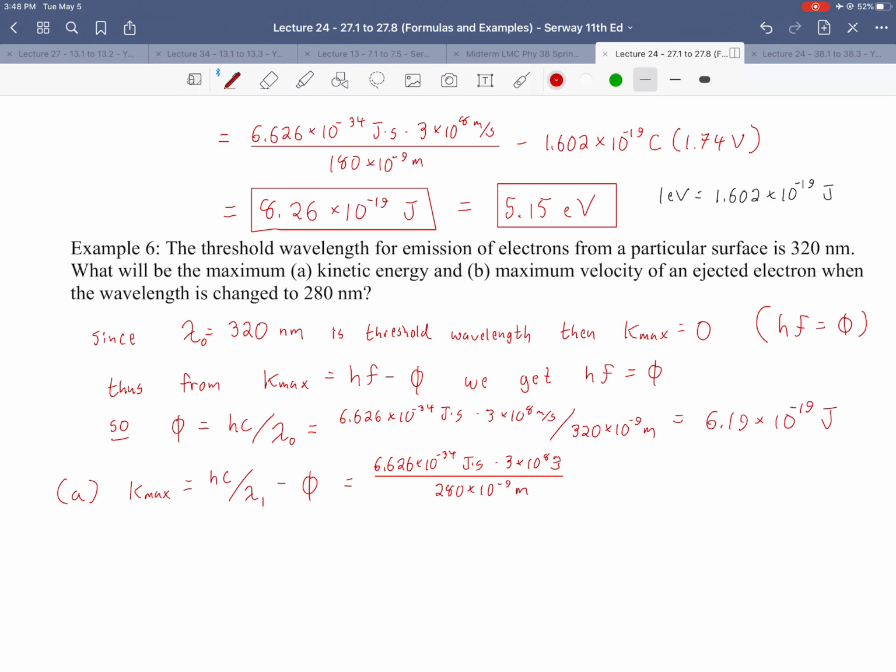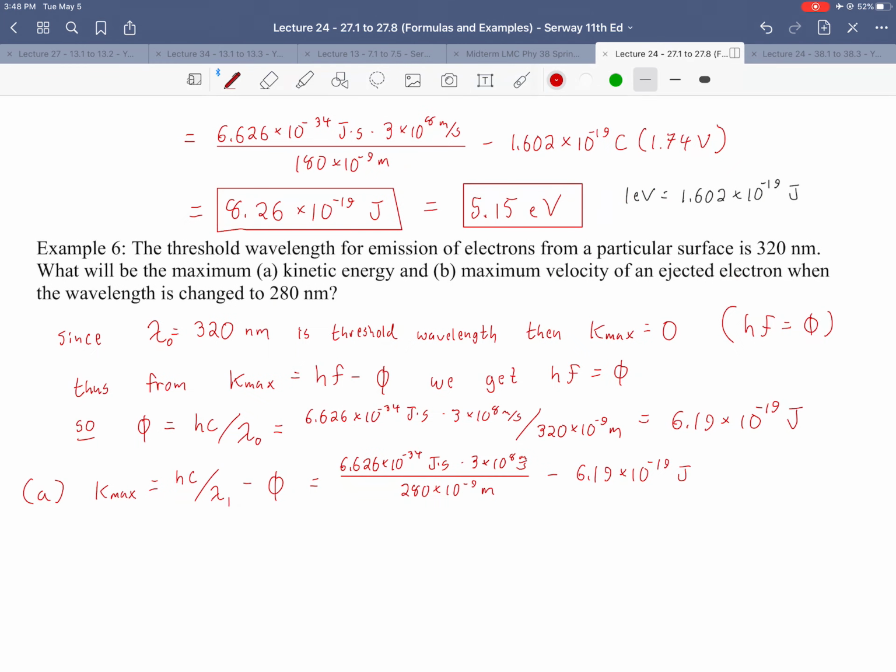So 280 times 10 to the negative 9 meters, minus 6.19 times 10 to the negative 19 joules, which we solved for with the threshold. And that comes out to be 8.87 times 10 to the negative 20 joules.